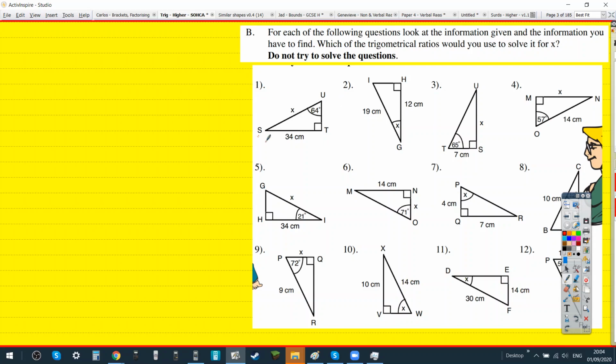Okay, so for this one, for the first one, label the two sides that we're dealing with, like the X and the 34.